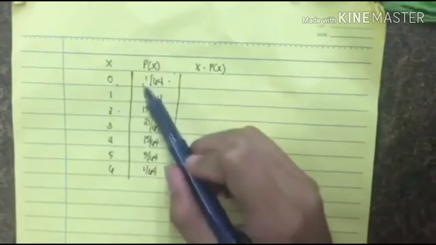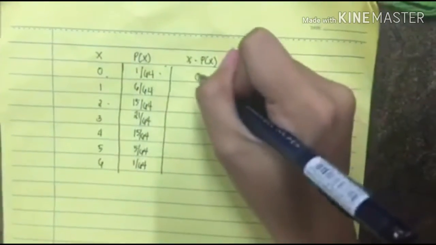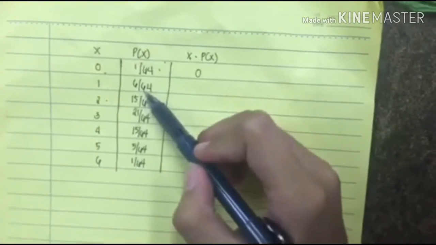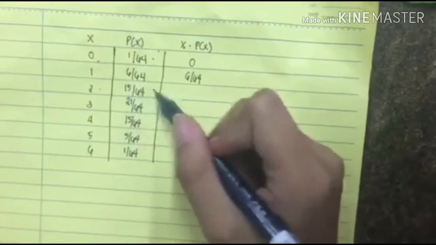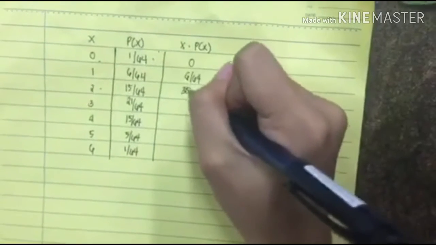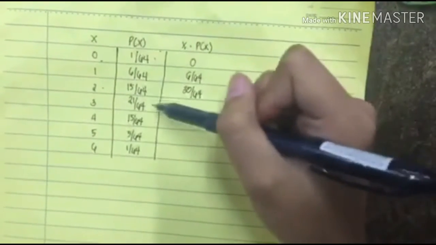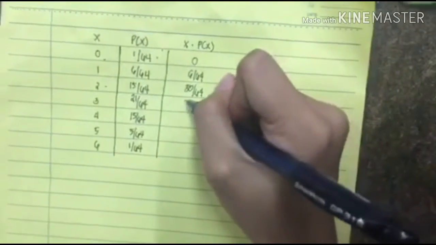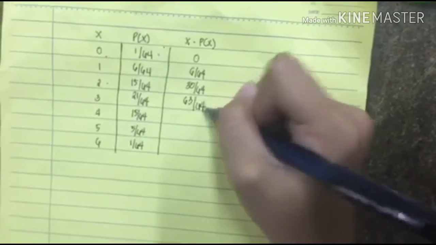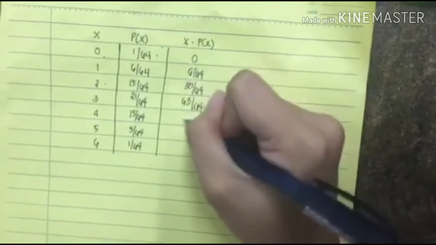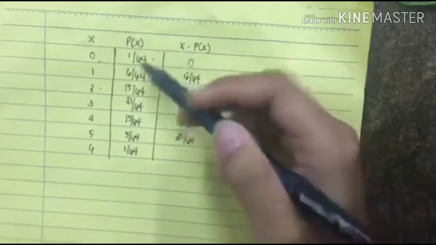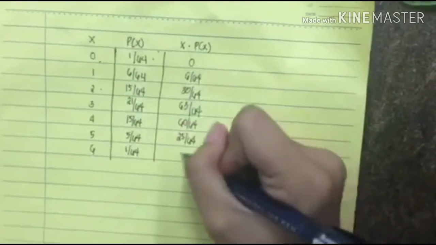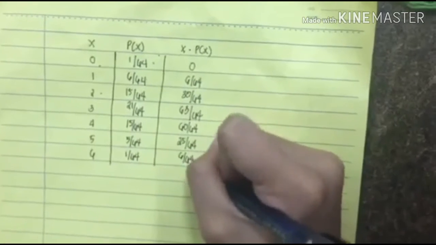For example, 0 times 1/64 equals 0. 1 times 6/64 equals 6/64. 2 times 15/64 equals 30/64. 3 times 21/64 equals 63/64. 4 times 15/64 equals 60/64. 5 times 6/64 equals 30/64. And lastly, 6 times 1/64 equals 6/64.